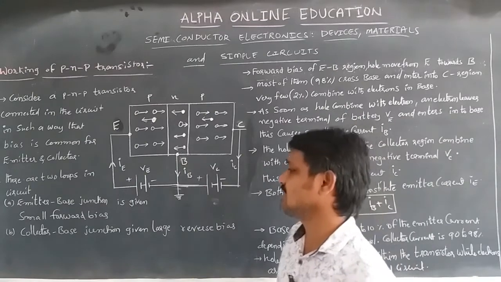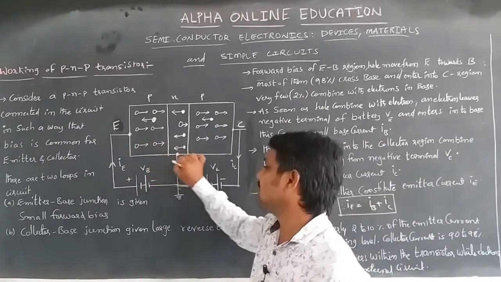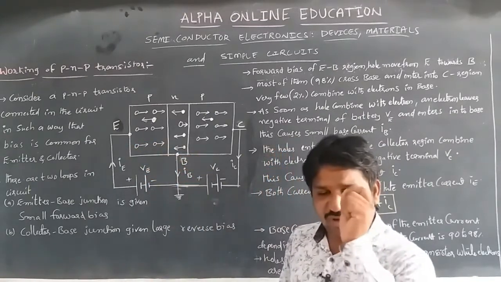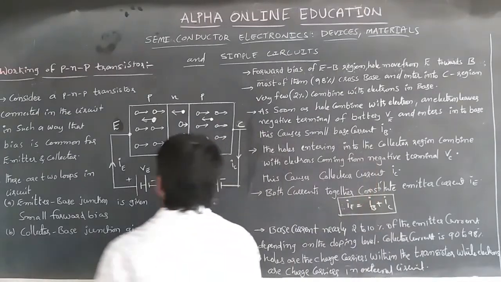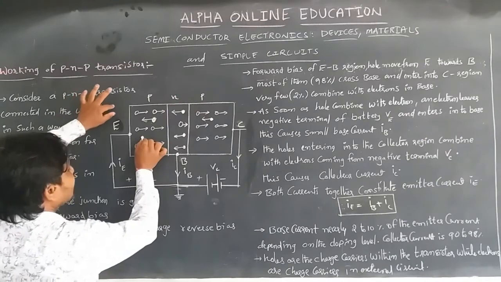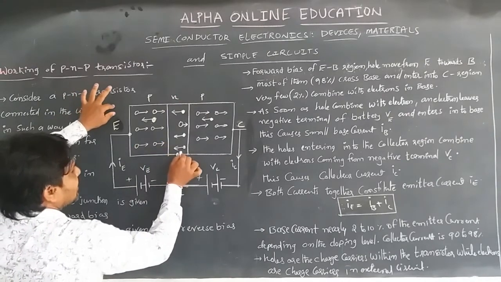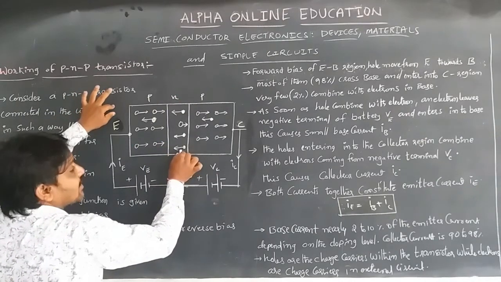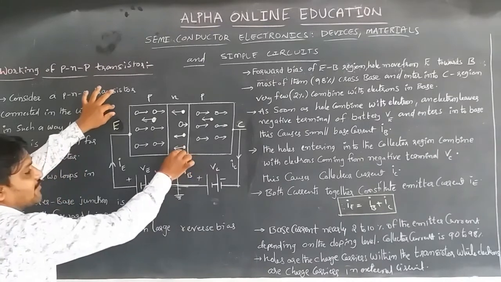From this, the emitter-base junction is given a small forward bias. Here we know that this is PNP. The emitter is a P type material, and the base is an N type material.